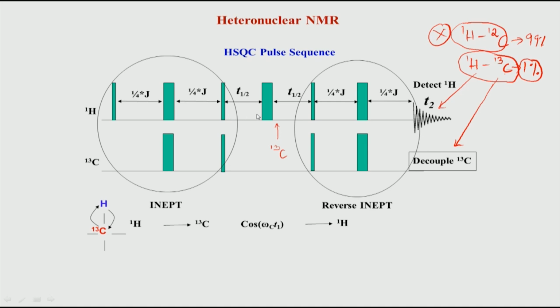We are not going into mathematical details, I am just qualitatively explaining why there is no F1 splitting in HSQC. It is because during this portion, when the carbon 13 is having a chemical shift evolution, the proton is along the z axis, and when the proton is along the z axis, it cannot be coupled to any other proton.